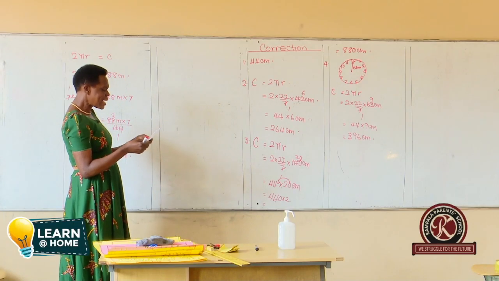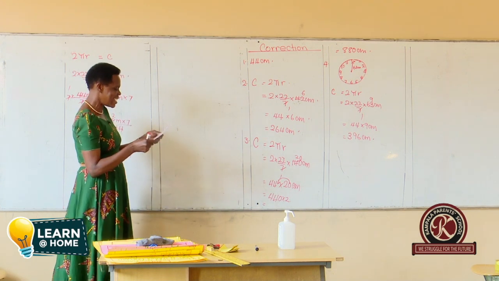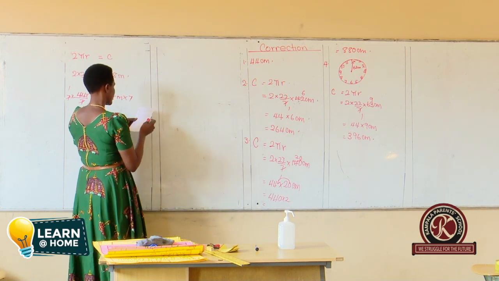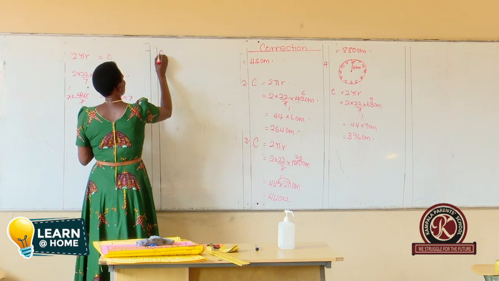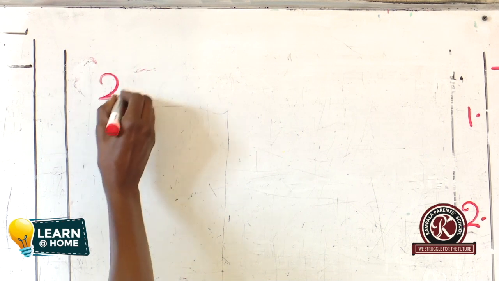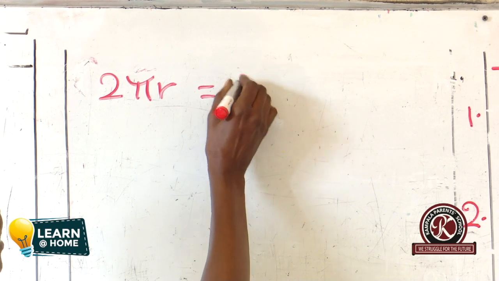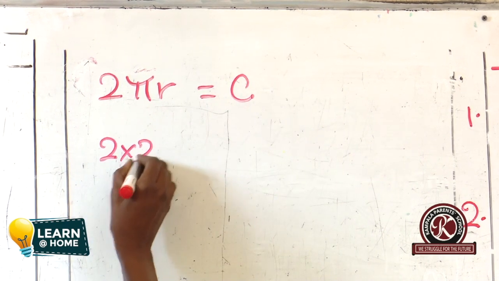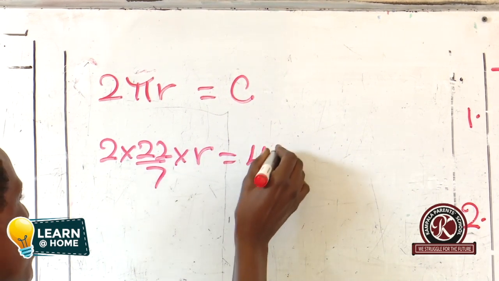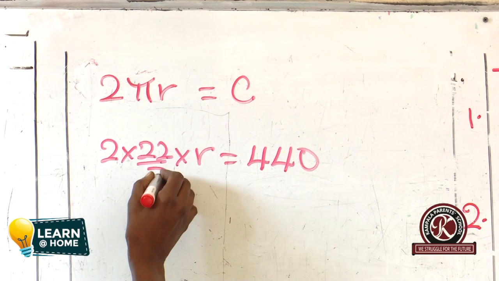They said the circumference of a pancake. The circumference of a pancake is 440. We are saying 2 pi r equals circumference, which is 2 times 22 out of 7 times r will give us 440. So what do we get here?